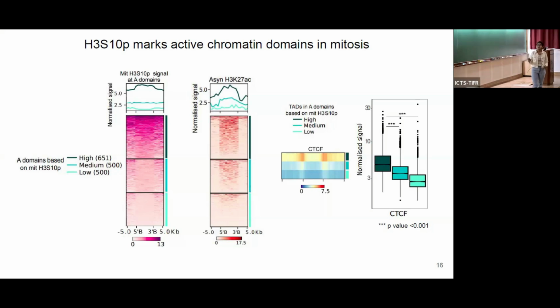So it turns out that H3S10p is not only physically marking these domains, but it is capturing the function as well. Along those lines, we also check the TADs which are present in these domains, and it turns out if there's more activation, you will have stronger TADs, stronger interactions, which is captured with this plot. So the higher the H3S10p, the more the interactions and activation.